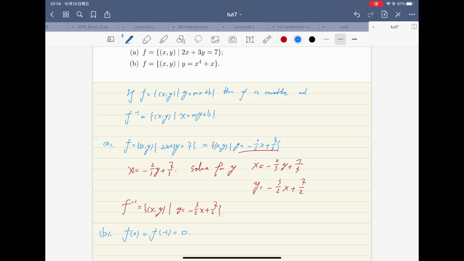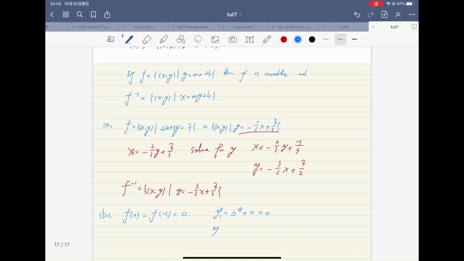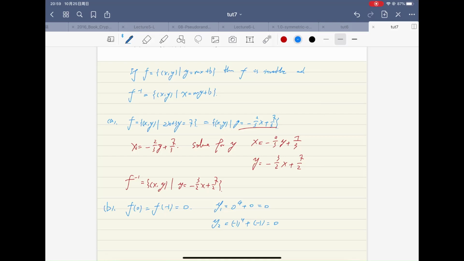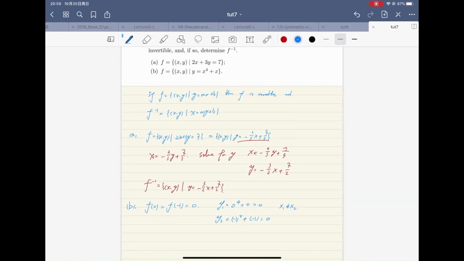We have y1 equals 0 plus 0 equals 0, and y2 equals negative 1 plus 1 equals 0, but we have x1 not equal to x2. So this function is not one-to-one.